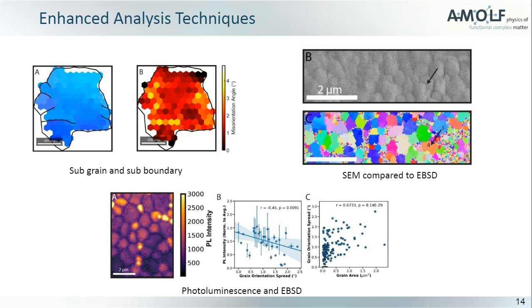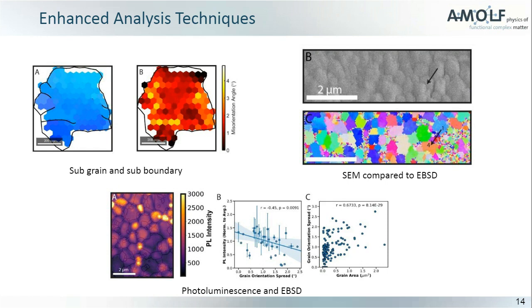Then by matching the EBSD map with a PL map, we can draw a conclusion here. So you see some small grains actually have a higher PL intensity, but the large grains always show lower intensity. And if you compare the PL intensity with the grain orientation spread within the grain, we can see that there is actually a negative relation.